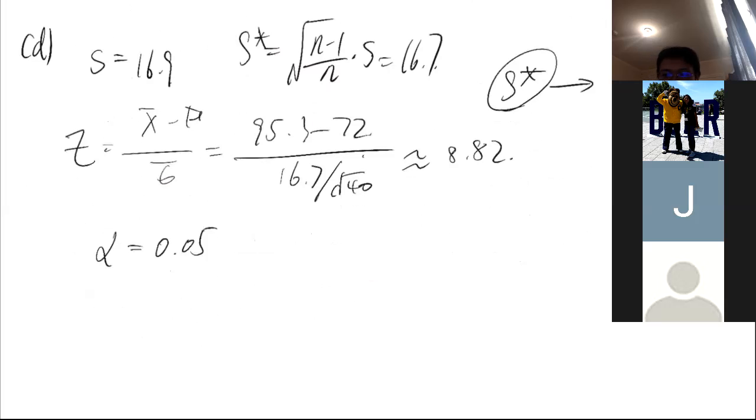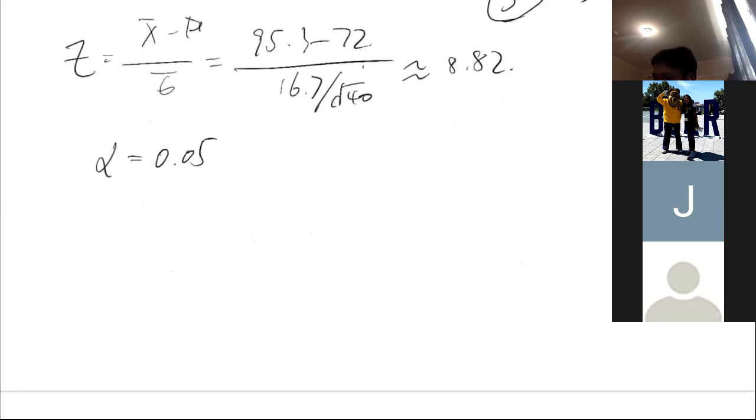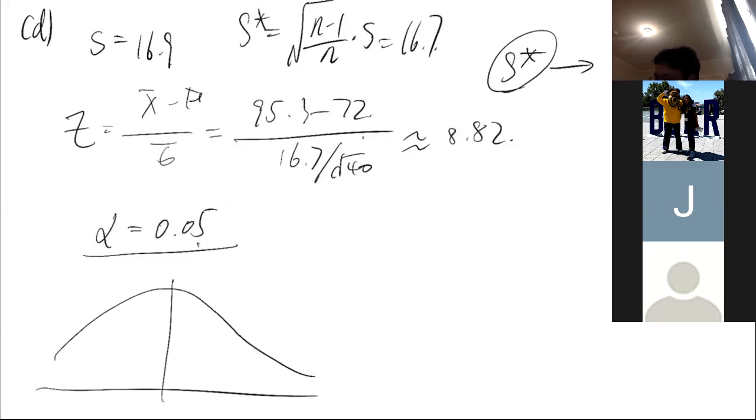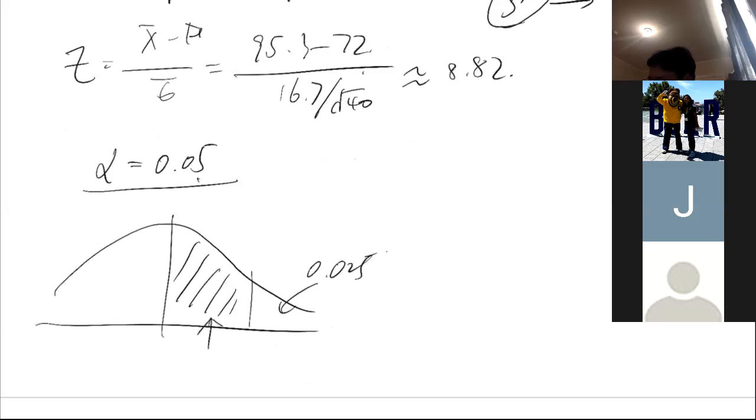It also corresponds to what Sylvie asked in the chat. Because we are given this significance level, we look at the normal curve, and because we want this to be two-sided, this area here is 0.025, and this area here as well. Since this is the significance level and this is two-sided, each side shares 0.025 as the boundary.